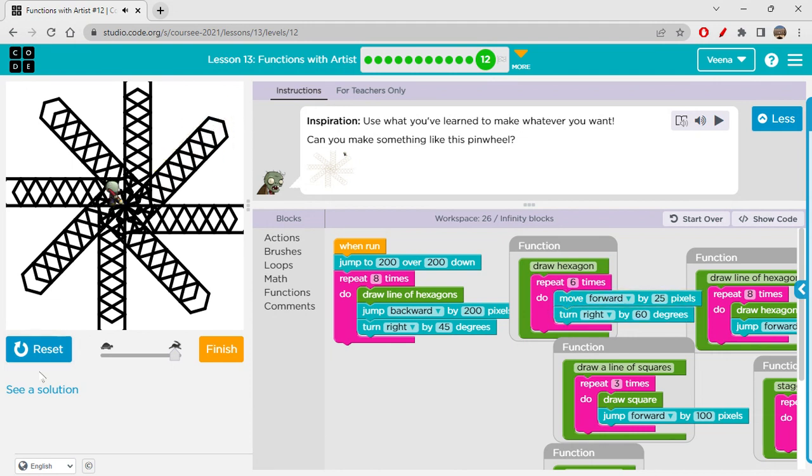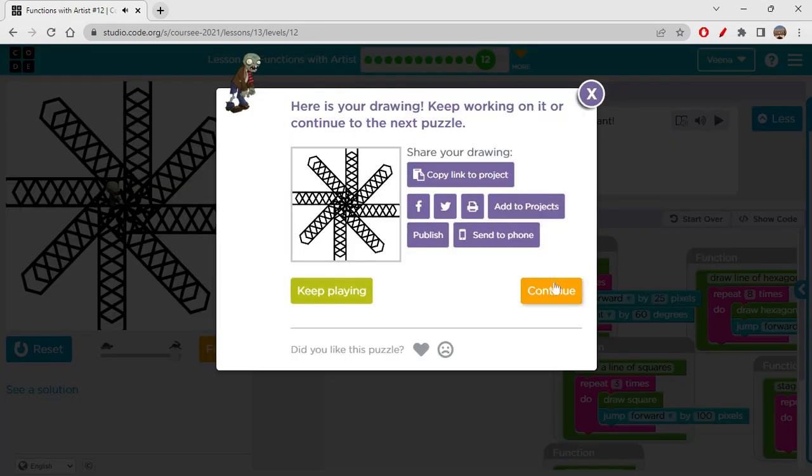Cool. Is it not the absolute same thing? Yes, it is. Okay, let's click on finish. Continue.